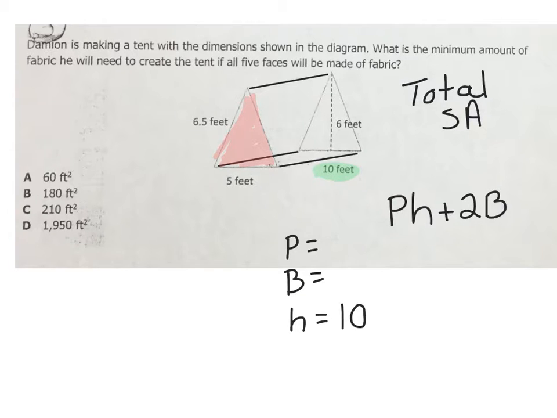Like I said, if you need to draw this out on the side, we can draw it out. We'll make it a little bit bigger. It looks like so. I know that this is 6.5, and I got that from here. I know that this bottom part down here is 5.